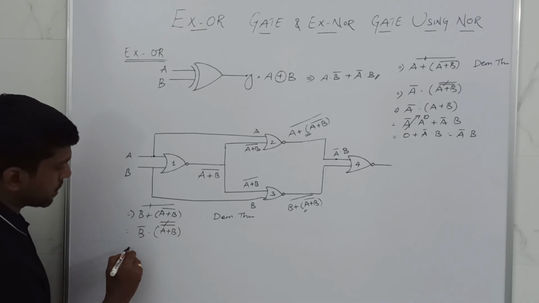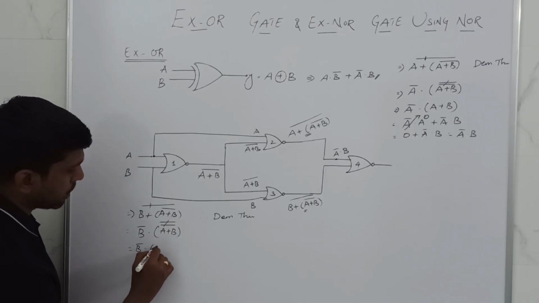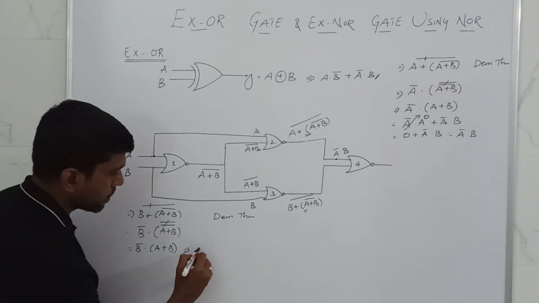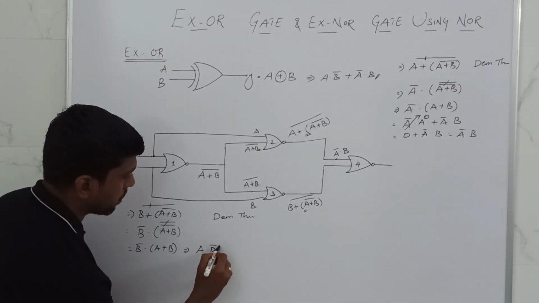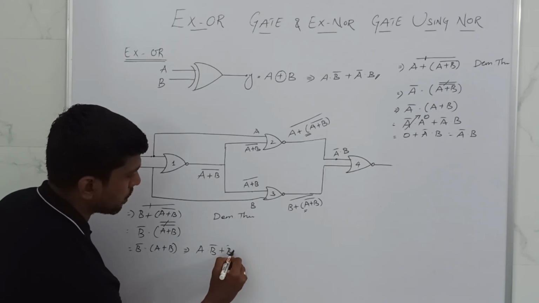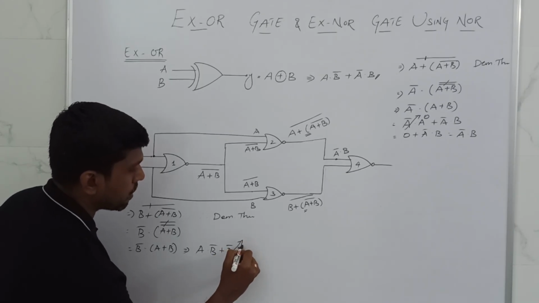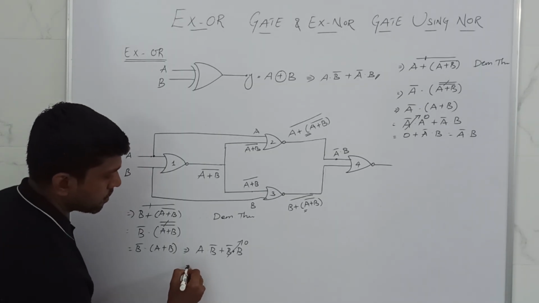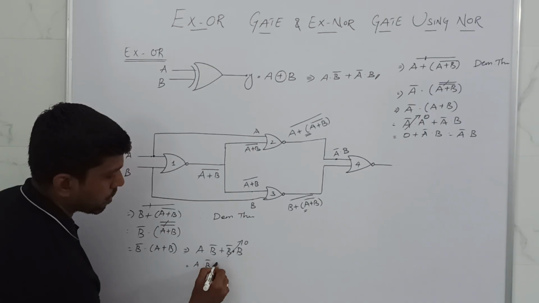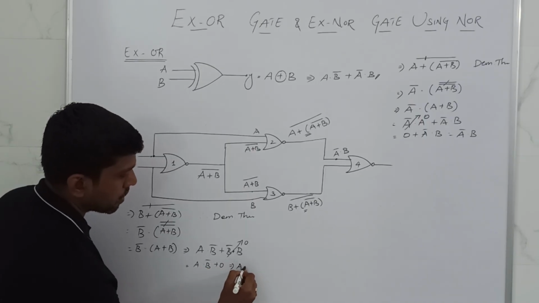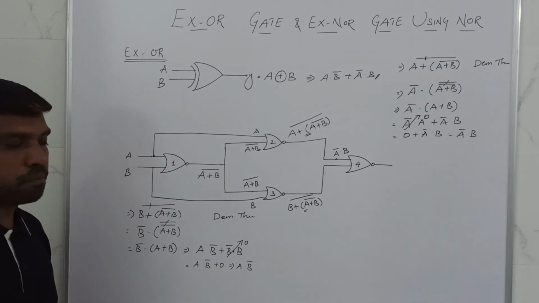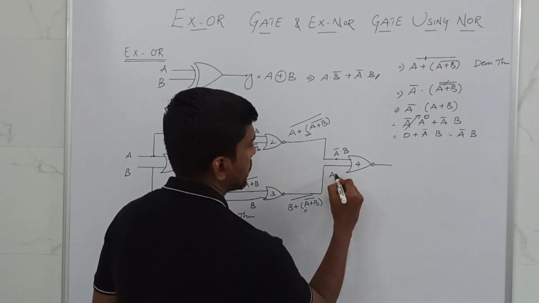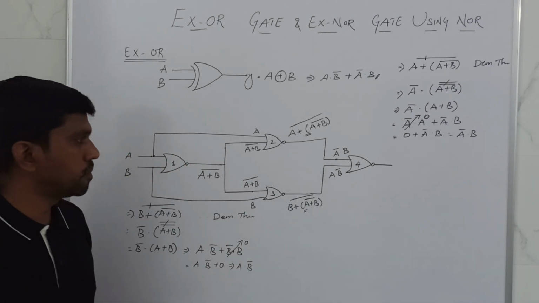So this bar cancels: B bar dot A plus B. Multiply this term and you get A dot B bar plus B bar dot B. B bar dot B is 0, as we already discussed. So A dot B bar plus 0, the result is A dot B bar.